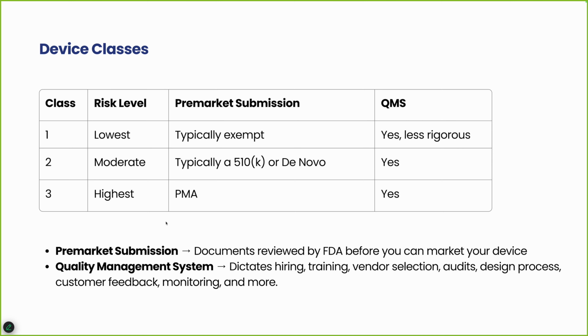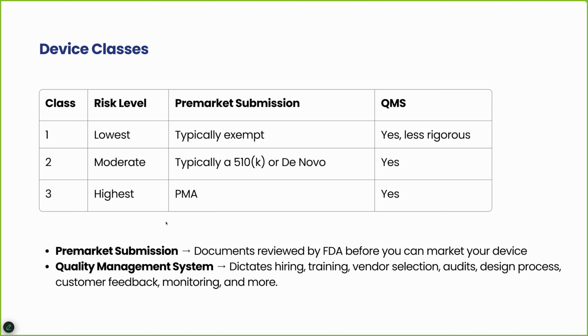The pre-market submission is a comprehensive set of documents that covers what your device is intended to do, what information you're sharing with users, how you built it, how it works, how you tested it, and so on. It also puts a lot of emphasis on cybersecurity.